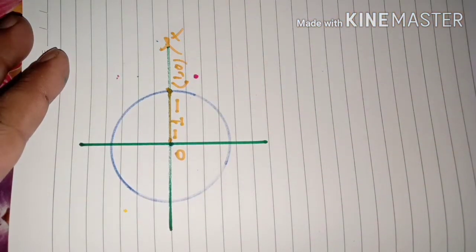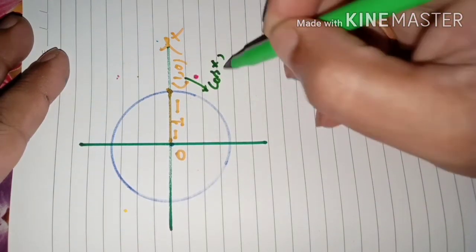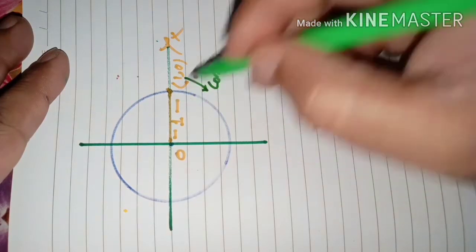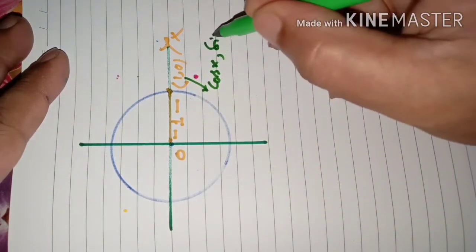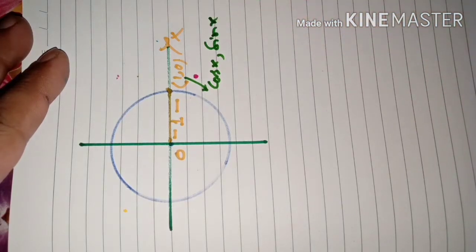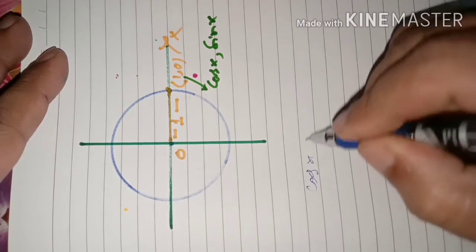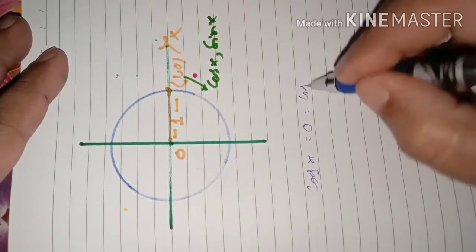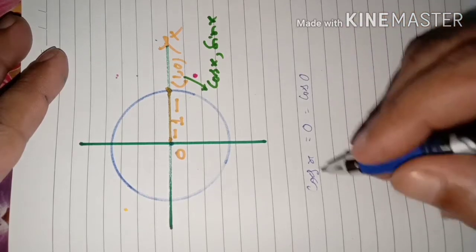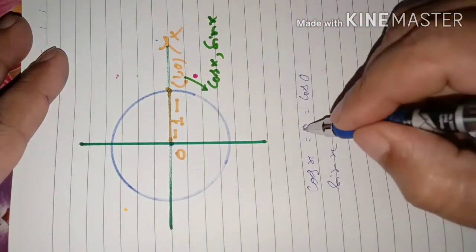That means here this is the value of cos x, and this is the value of sin x. Here we have understood that for 0 radian, it is cos 0 radian.